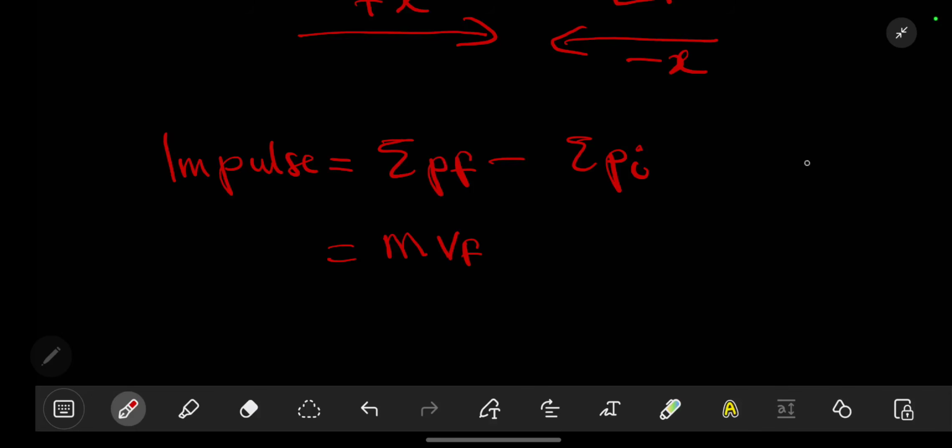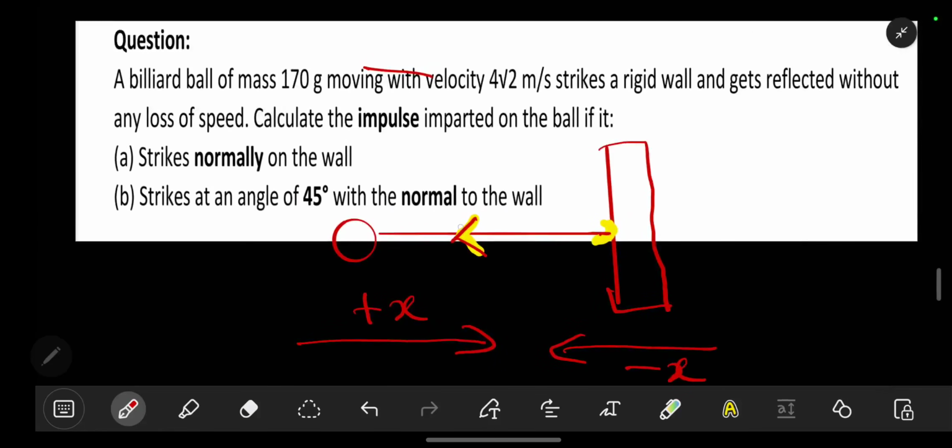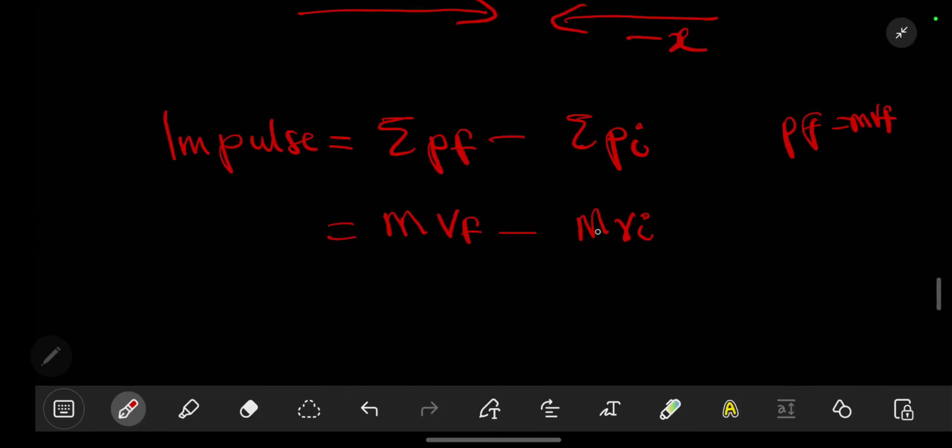The final momentum is mass times the final velocity, minus the initial momentum, which has the initial velocity. Why are we just using one m? Because we only have one mass, the ball. So to make our work easier, we factorize the mass. Mass is common, and we remain with the final velocity minus the initial velocity.